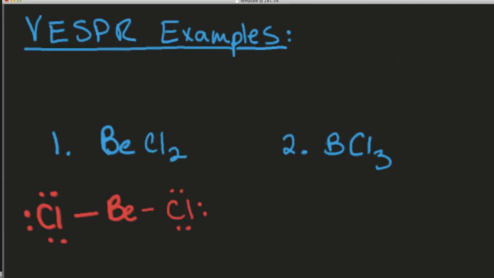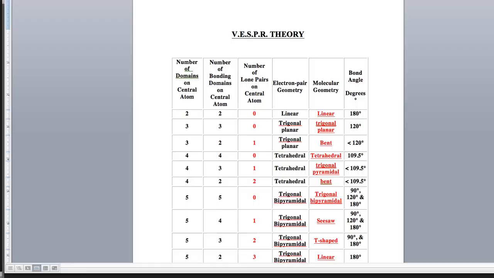If you were to go to your table available on the website, you would see that there's two bonding domains. If you remember, there were no central lone pairs. So we know that the electron geometry is linear, and so is the molecular geometry.